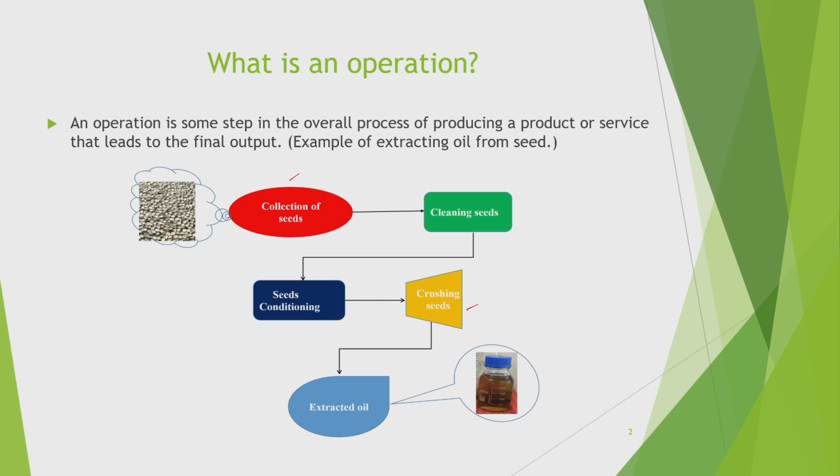So, one task may need many operations. What is the meaning of research here? Research means we have to understand that operation deeply and see how we can make it better. That is the meaning of operations research.